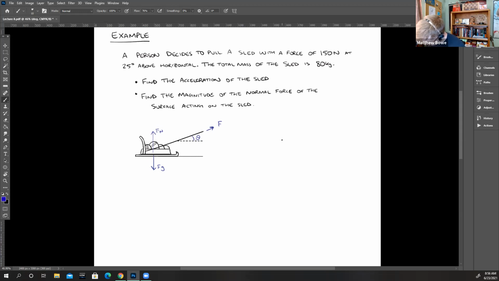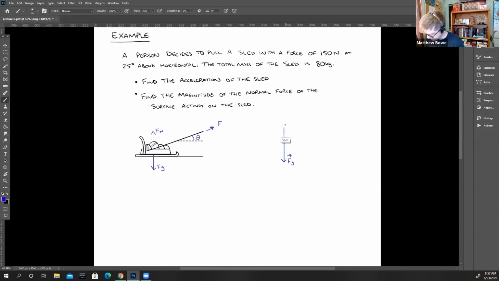So let's say it's just a dot this time. You can make it a box or a dot, whatever you want. So we have the force due to gravity downward. It's a vector.